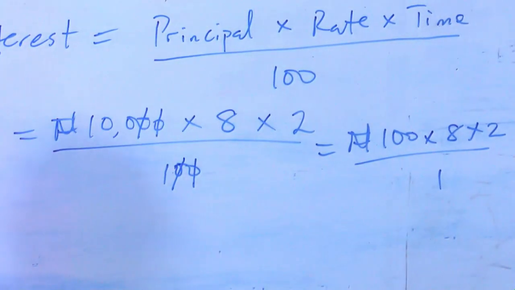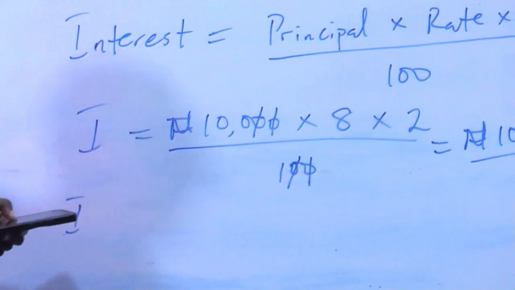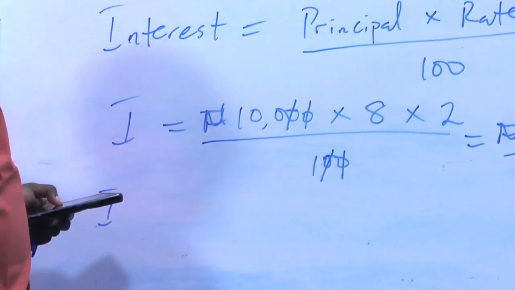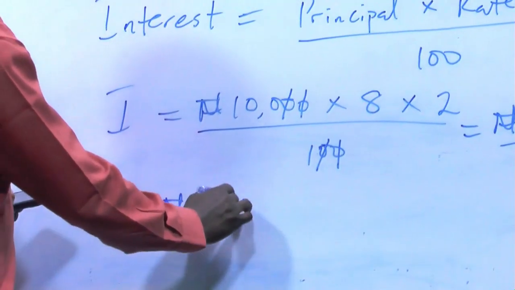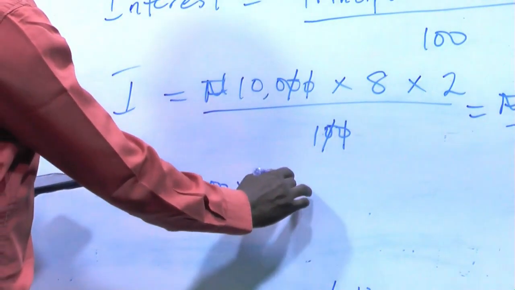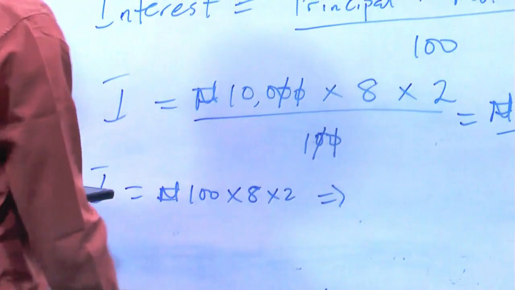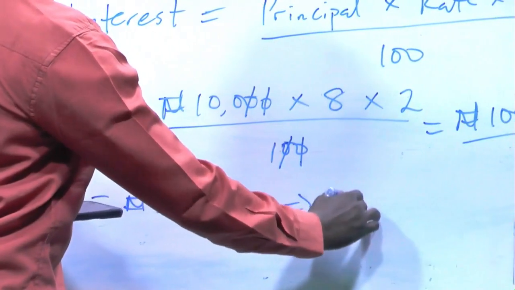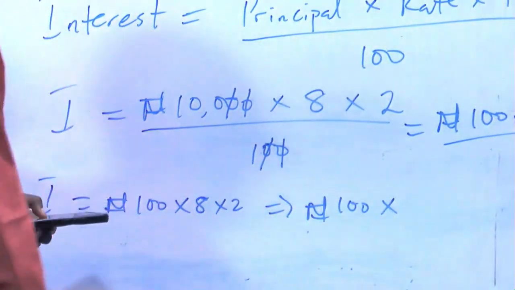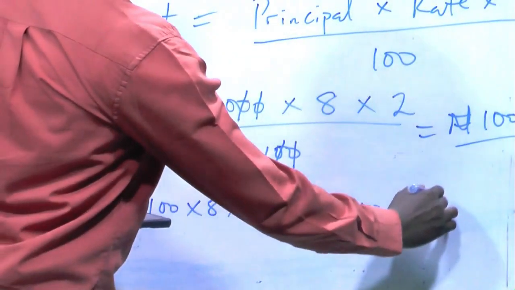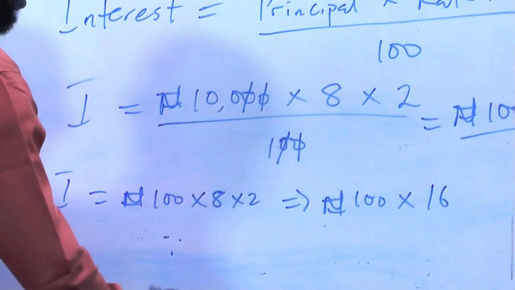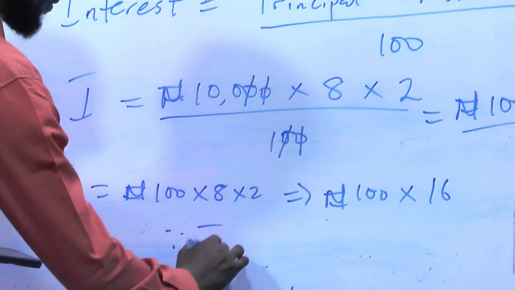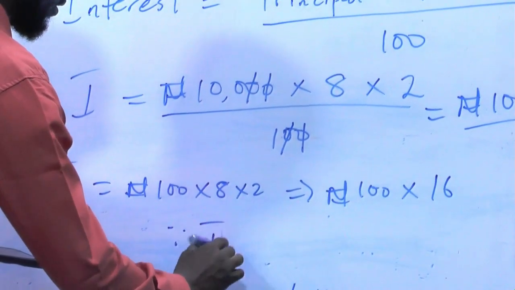That's what is remaining. So your interest now will be 100 naira times 8 times 2. 8 times 2 is 16.